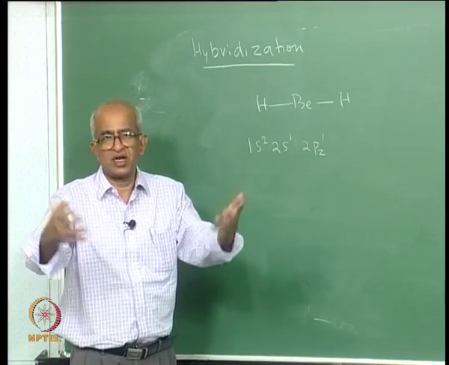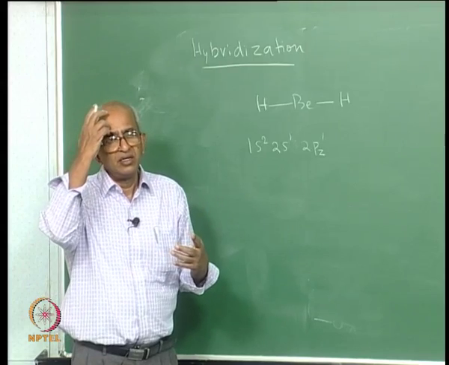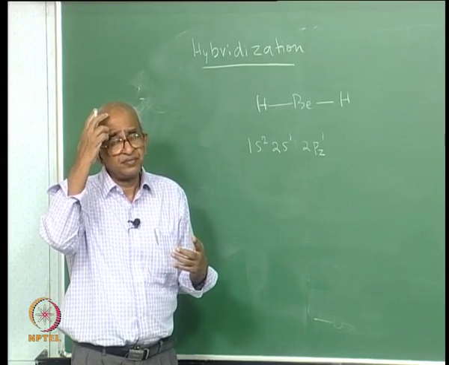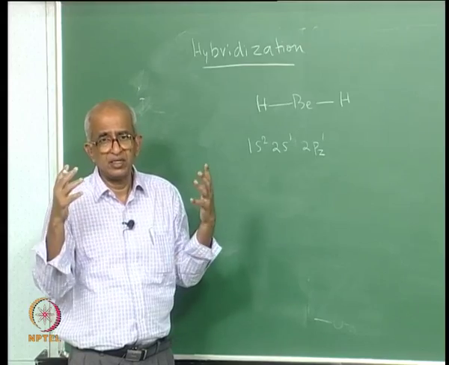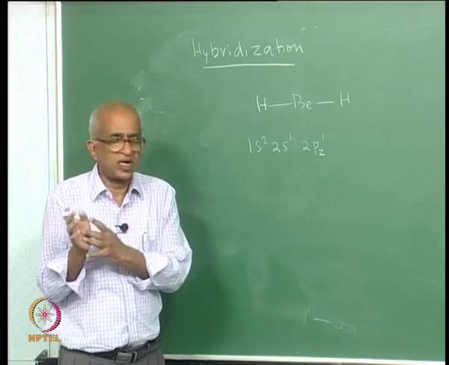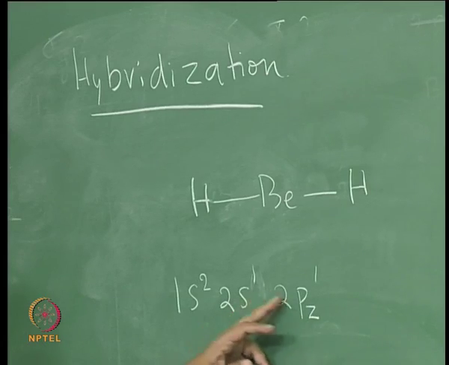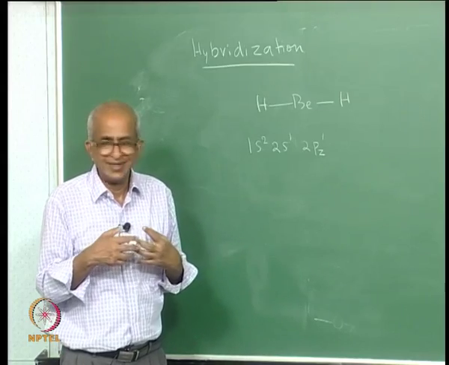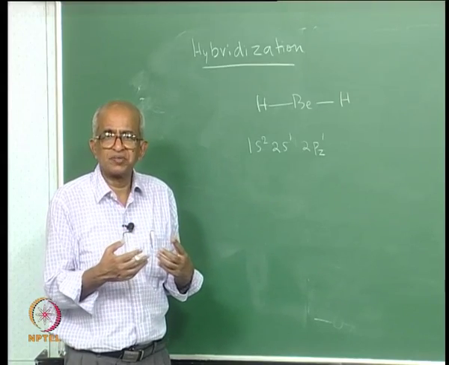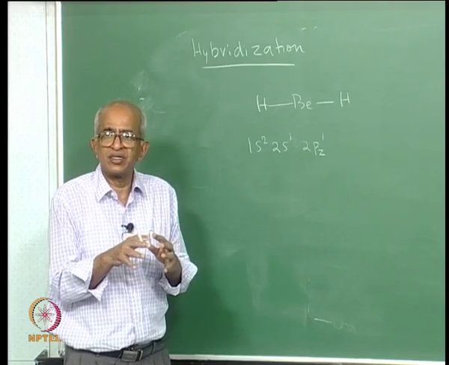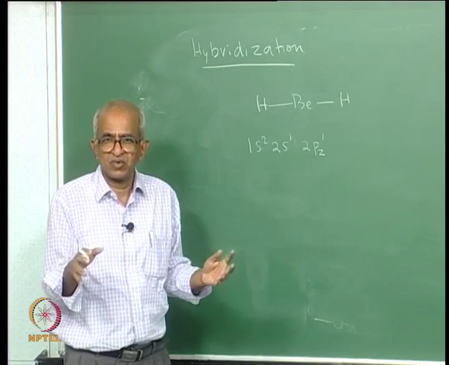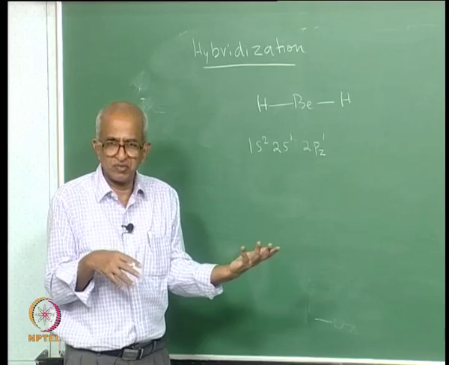This is essentially a valence bond way of thinking. So, if that happens, what would you expect? One bond is formed because of pairing with 2s, the other bond is formed because of pairing with 2pz, and you would expect that the two bonds are not equivalent, because one is formed using 2s, the other is formed using 2pz.